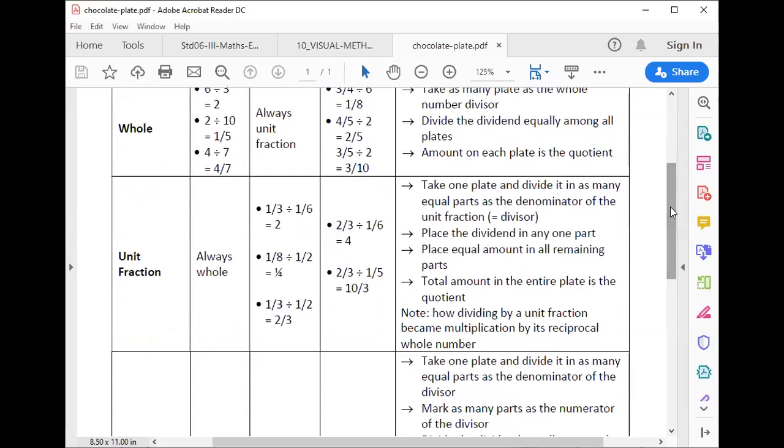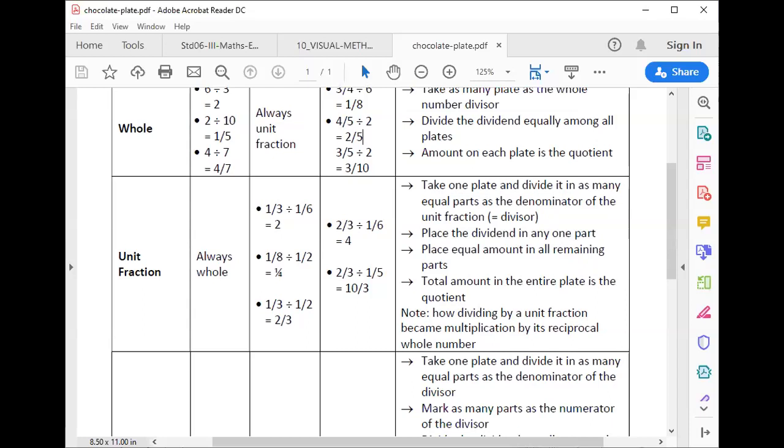Now, if the dividend is a unit fraction, then what you do is you take one plate and divide it in as many equal parts as the denominator of the unit fraction. Then you place all the dividend that is there in one part, and then place equal amounts in all remaining parts.